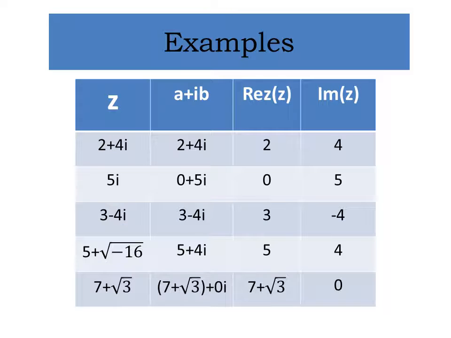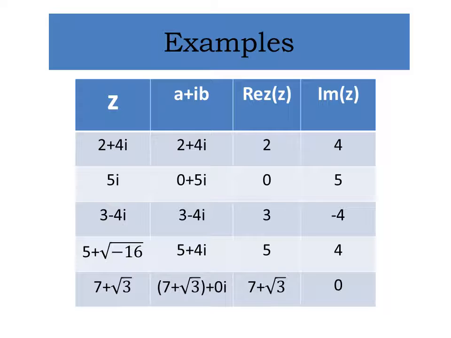Examples of the complex number. These are some examples of complex numbers, and the format of a complex number is a plus ib, with the real part of z and the imaginary part of the complex number.